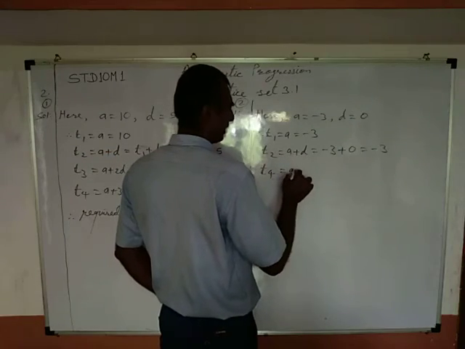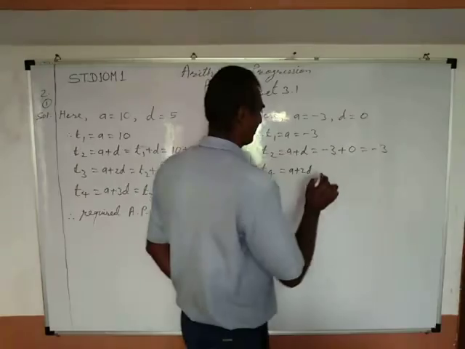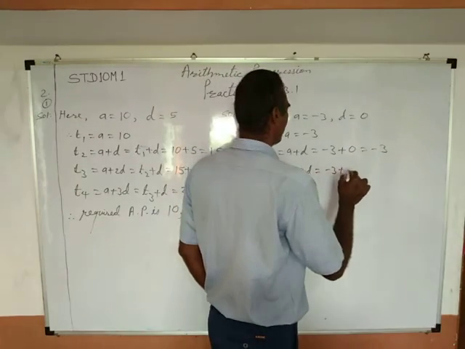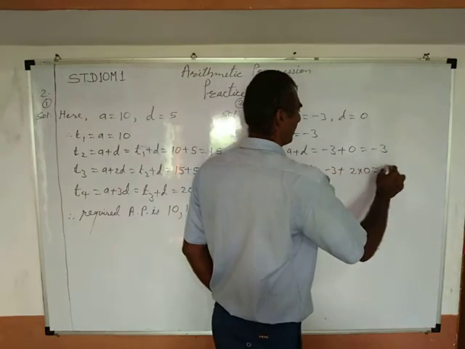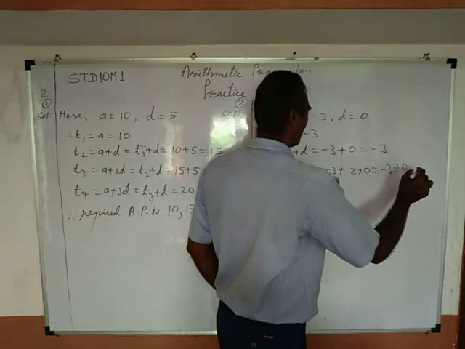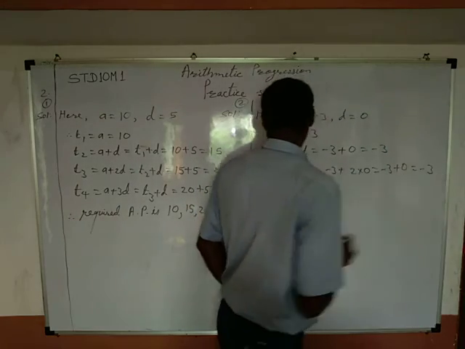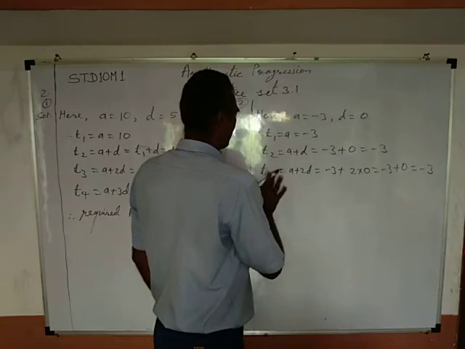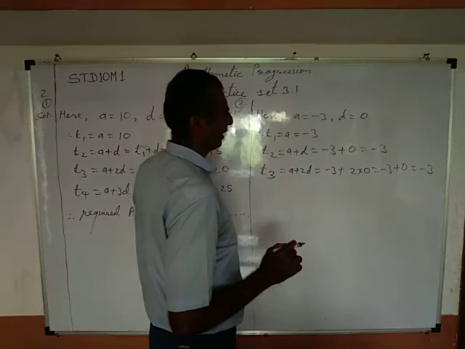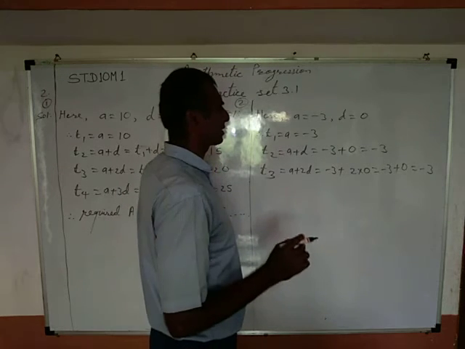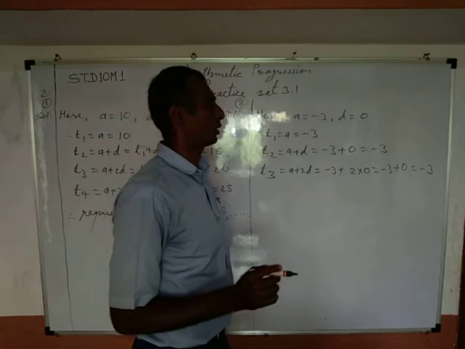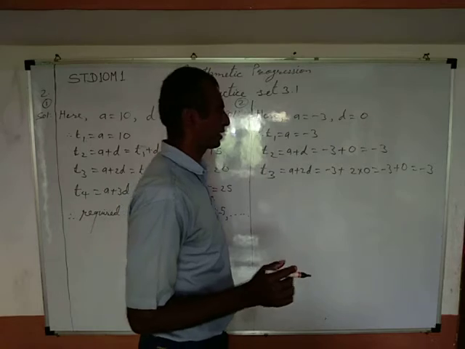Sorry, T3 equals A plus 2D equals -3 plus 2 into 0 equals -3 plus 0 equals -3.